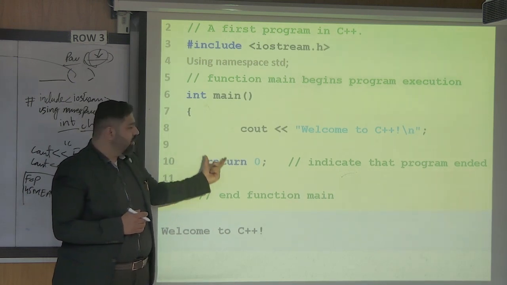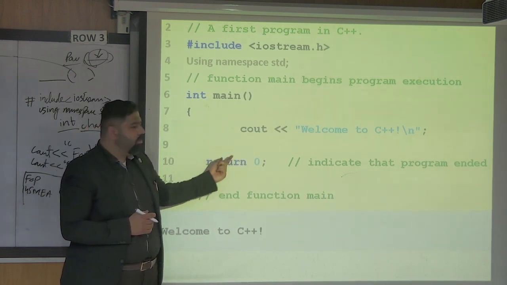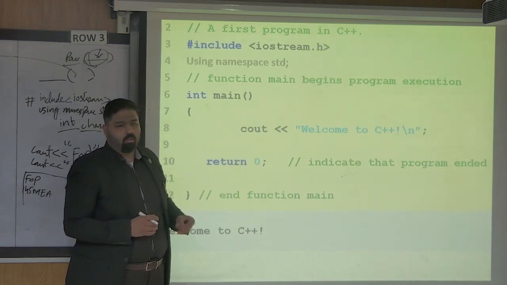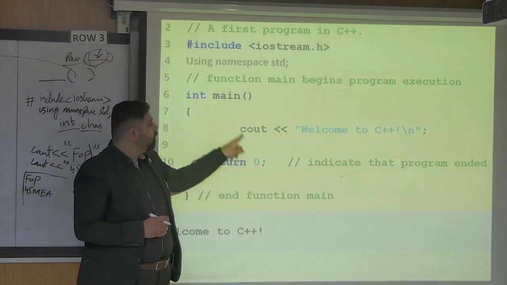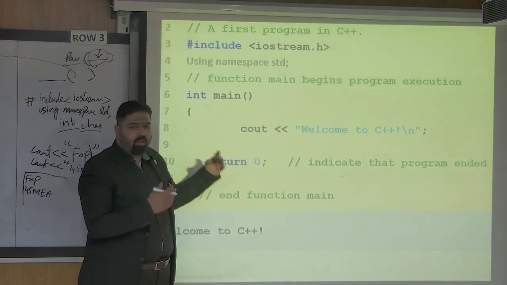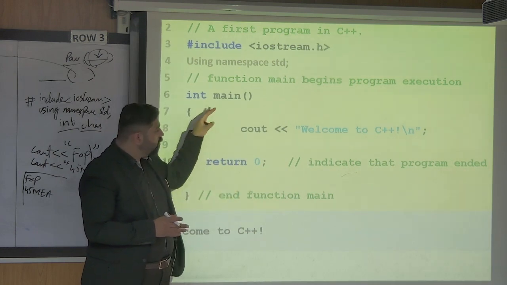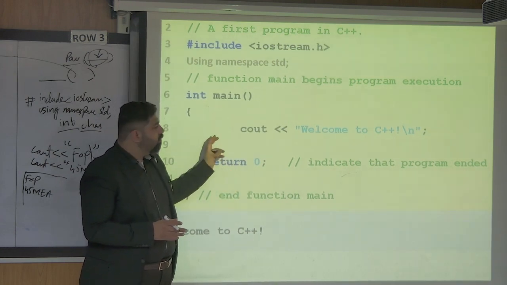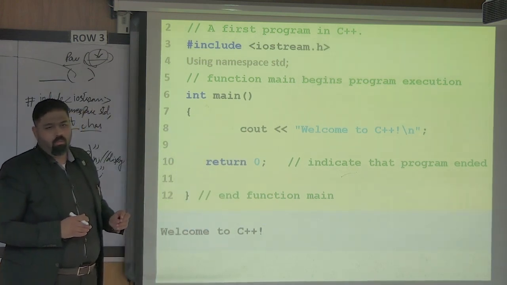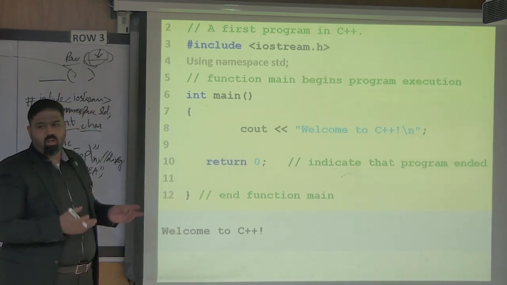The return is again a keyword, 0, it is returning nothing. It's also used to terminate the whole program. ये 0 किससे correspond कर रहा है? It is returning nothing. ये आप इस प्रोग्राम में आए, C++ डिस्प्ले हुआ और प्रोग्राम खत्म हुआ। This is what it is all about.